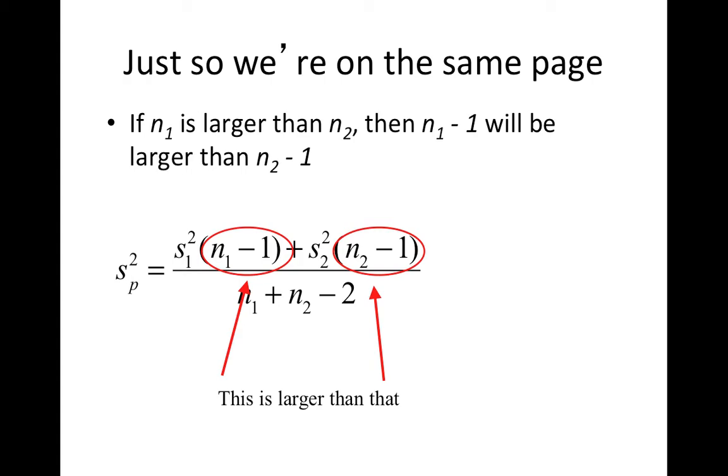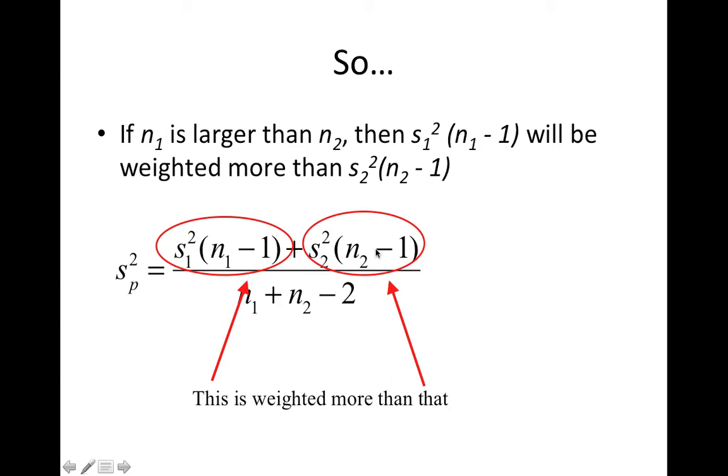If n1 is larger than n2, then n1 minus 1 will be larger than n2 minus 1. In other words, if we look at the formula for pooled variance, if we have a larger sample size here than here, we are giving this more weight because this number is going to be larger than that number. What that means is that this term here is going to be larger than that term.